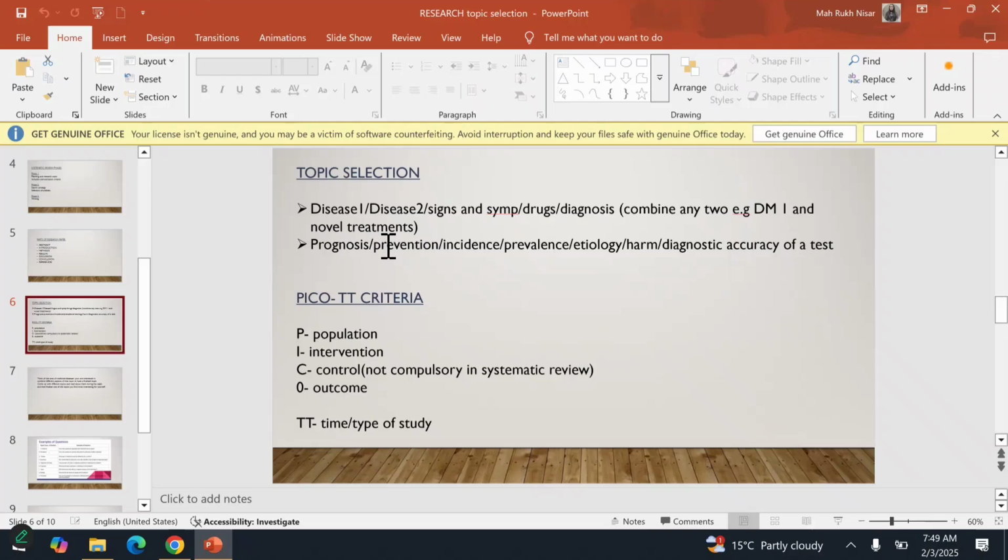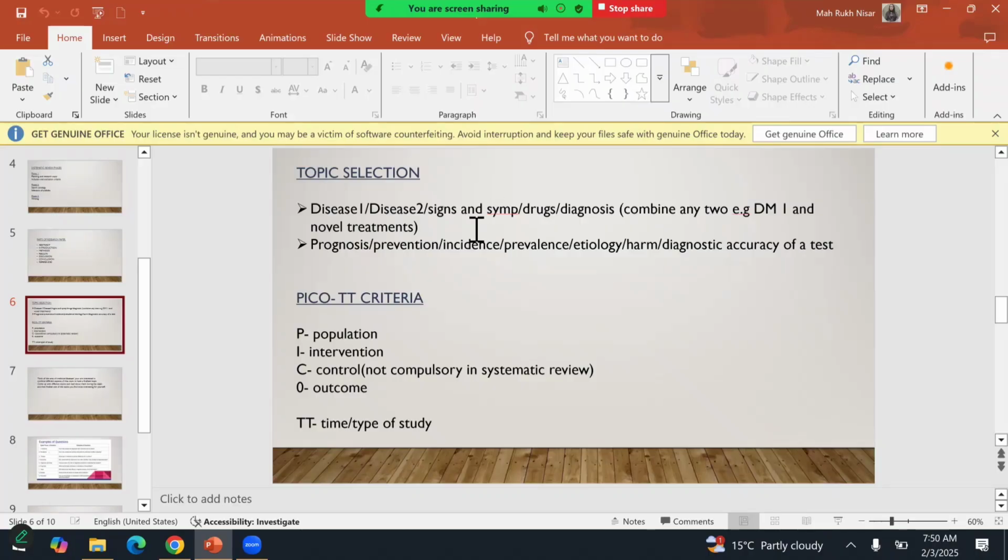So you can have two or three concepts in your research question. You have to combine two or three aspects to make your research question. For example, you can think of a disease and you can combine it with its signs and symptoms. For example, unusual presentation of stroke.